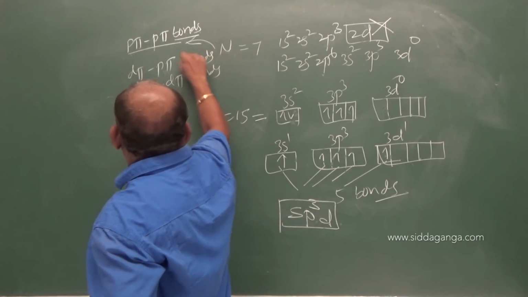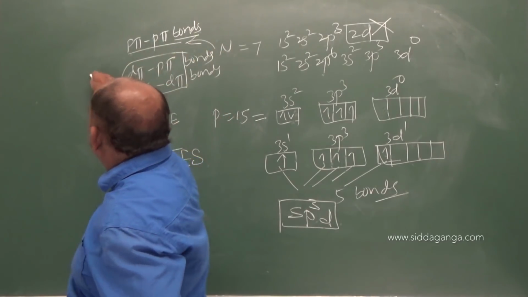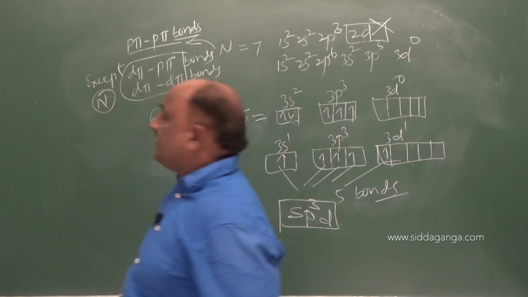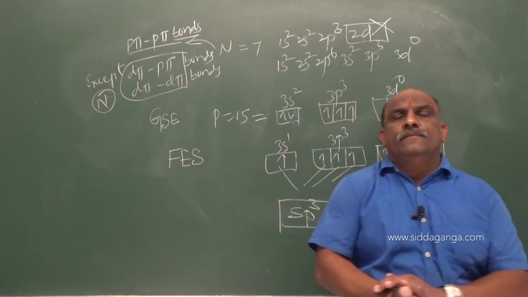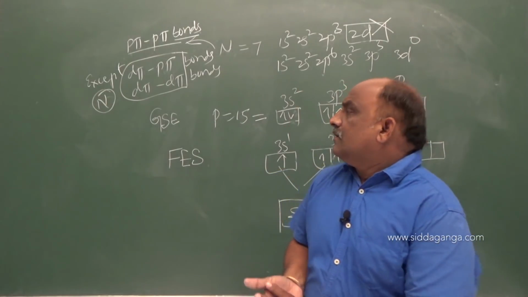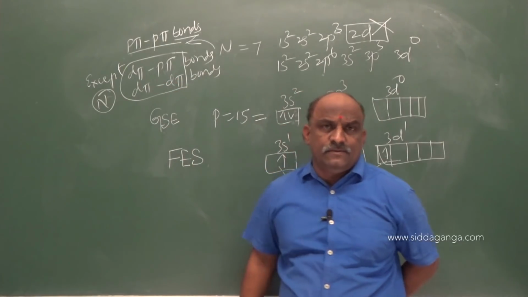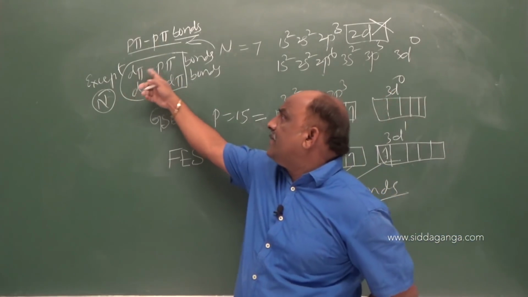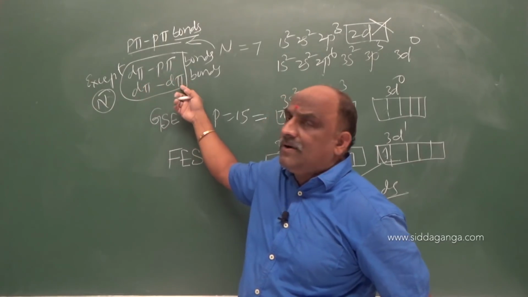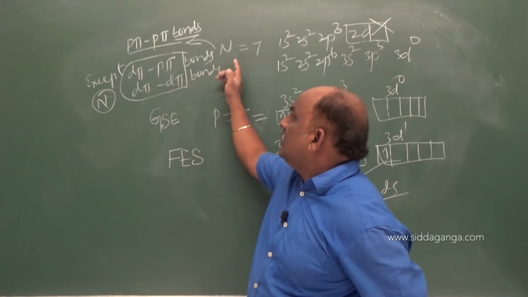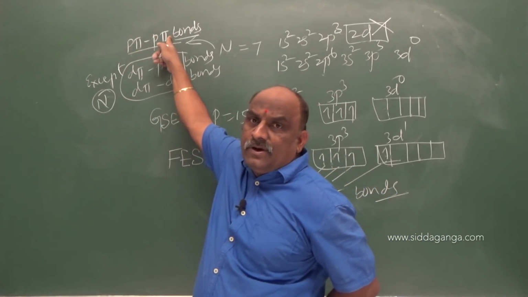So make a note, students, except nitrogen, the remaining elements phosphorus, arsenic, antimony, bismuth are ready to form d pi p pi and d pi bonds due to the presence of vacant d orbitals. Nitrogen atom only forms p pi bonds.